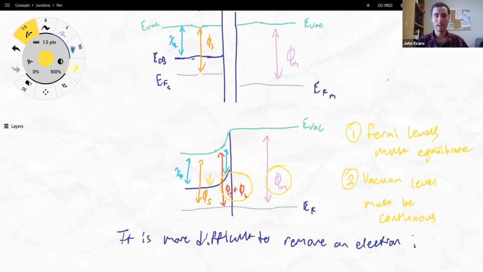You can think of it like, this is now a charged semiconductor, which means if this is the energy going up, which one would an electron rather be in? A positively charged semiconductor or a neutral semiconductor? It would rather be in a positively charged semiconductor, right?